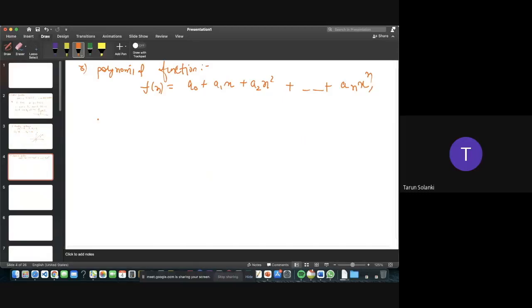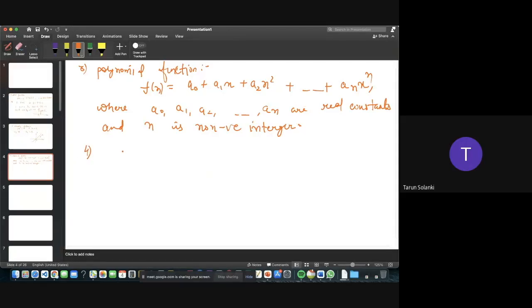Where a naught, a1, a2 up to an are real constants, and n is a non-negative integer. So this is a polynomial function.